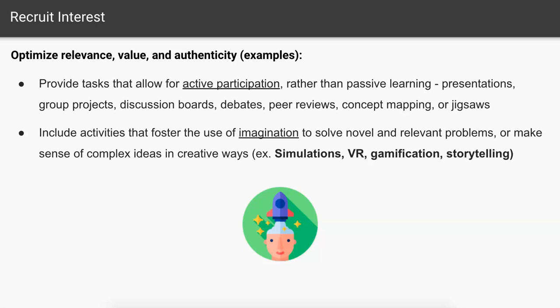You could incorporate virtual reality into your classroom if possible. Gamification, so things like Kahoot or creating a crossword puzzle for your class to learn key terms or vocabulary, and even storytelling rather than just reading an article. It could be more engaging and stick with students more than an article would because they can remember and follow a story.